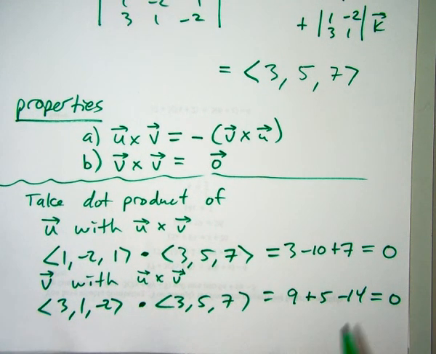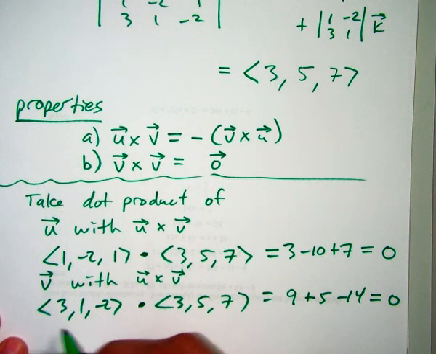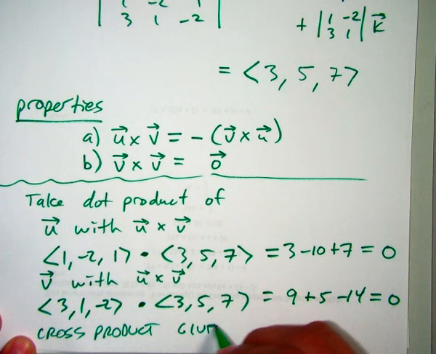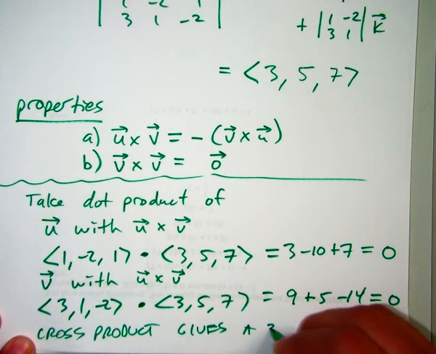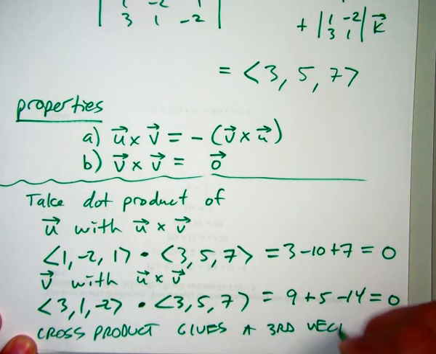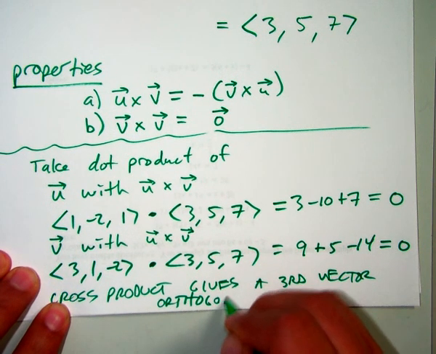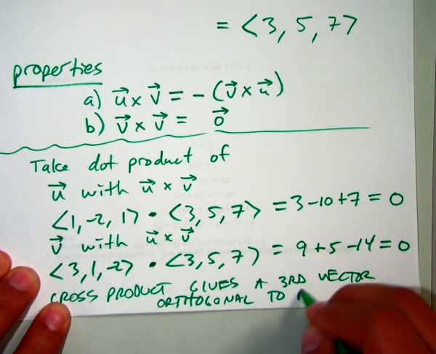So what this means is that the cross product gives you a third vector orthogonal to both original ones. Does that make sense?